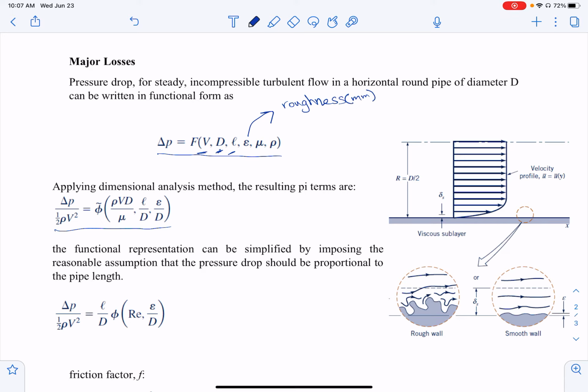And then this one here, we know that this is density, and this is viscosity as well. So we can also say that density is the turbulent contribution, and also this viscosity is the laminar contribution.